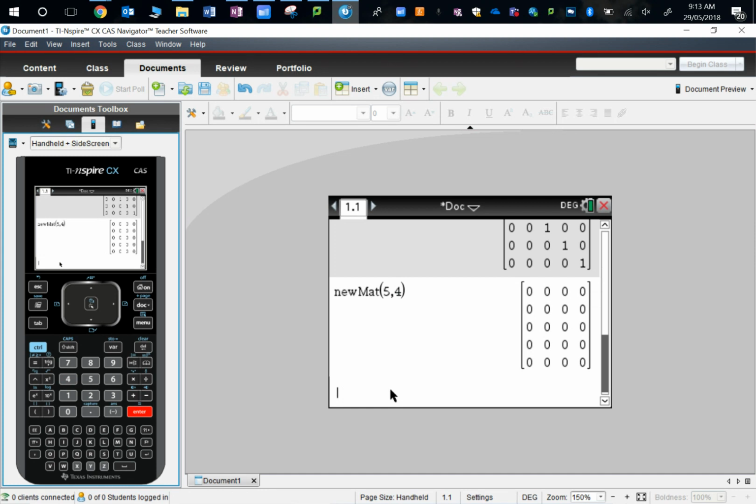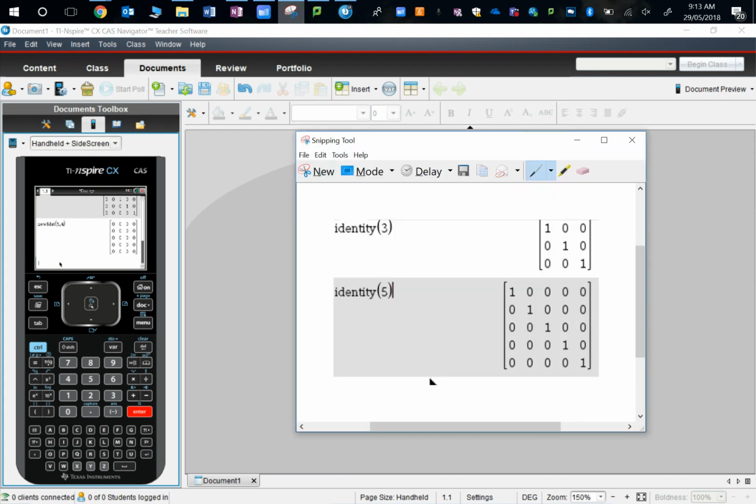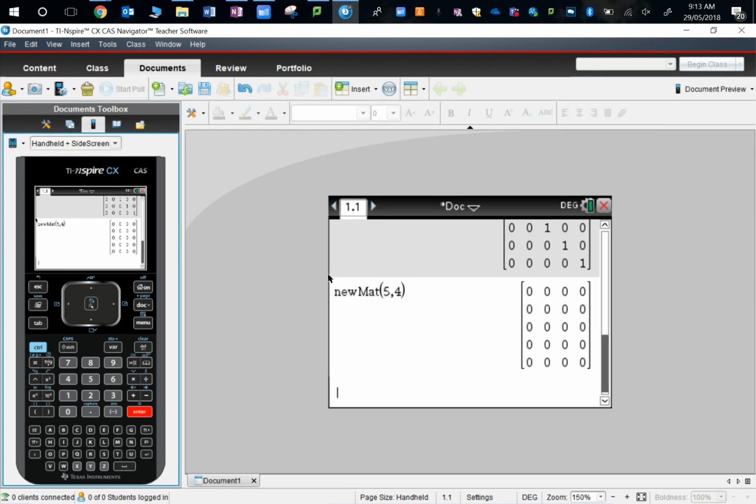Okay, so you go comma. Anytime you're not sure if you've got two numbers, always try and just use a comma between them. So this is actually saying I want a 5 row by 4 column 0 matrix. So with the 0 matrix, you have to put in 2 numbers. You have to put in how many rows and columns, but matrices always go with rows before columns. So therefore, that's how that gives you that.